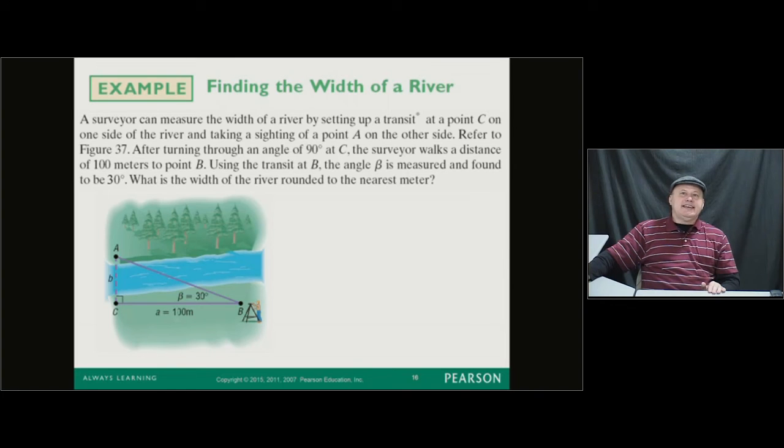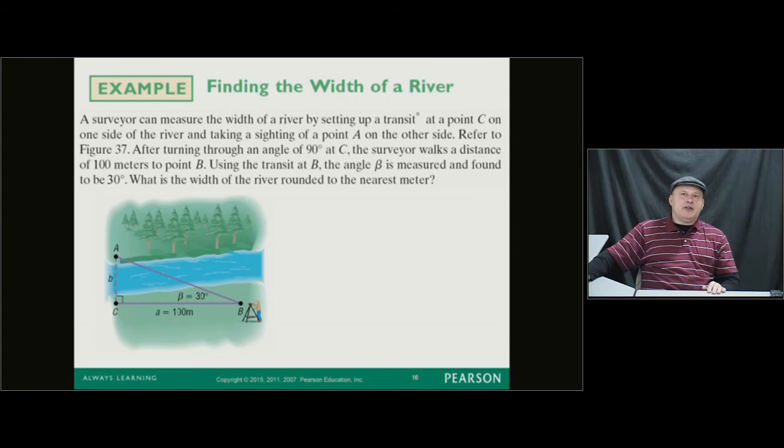So at a point C on one side of the river. So that C is where that right triangle is at. Okay, and of the river, and taking a sighting of a point A on the other side. So basically they found, maybe it's where A is at, maybe there's a tree right there, I don't know, something's on the other side. And so refer to figure 37.